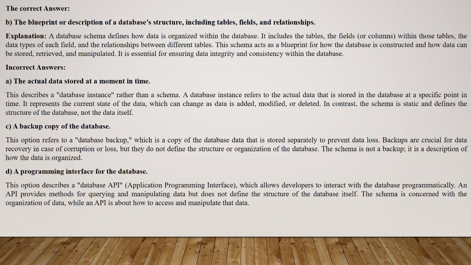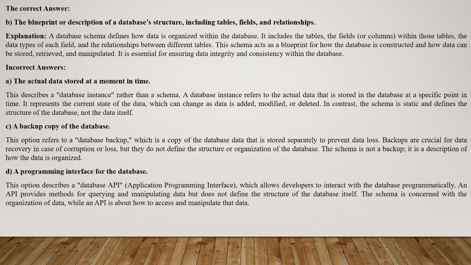A, the actual data stored at a moment in time. This describes instances. The actual data stored means the database instance, rather than the schema. The database instance refers to the actual data that is stored in a database at a specific point in time.